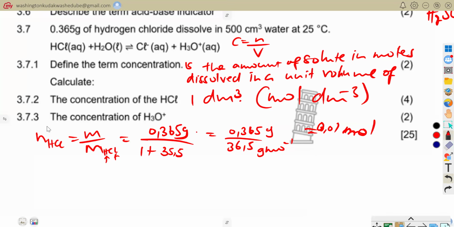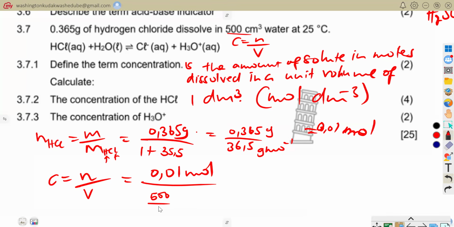So these are the number of moles of hydrochloric acid, or hydrogen chloride. And then the concentration is the number of moles divided by the given volume. The number of moles is 0.01 mole. The given volume is in cubic centimeters, so we divide 500 by 1000 to change cubic centimeters to decimeter cubed.